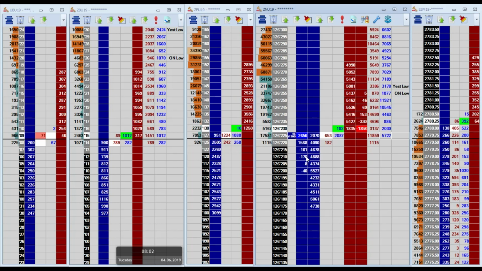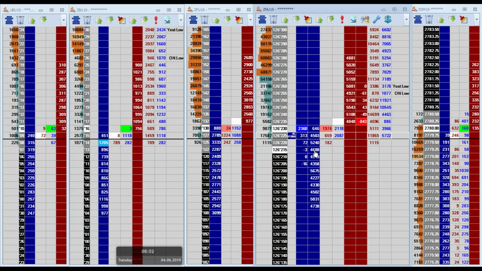Two tick risk. Might not get filled here. Doesn't look like it. Looks like it's not going to drop back in.